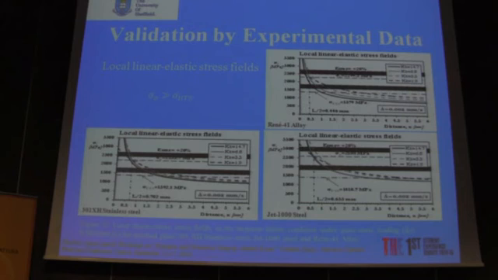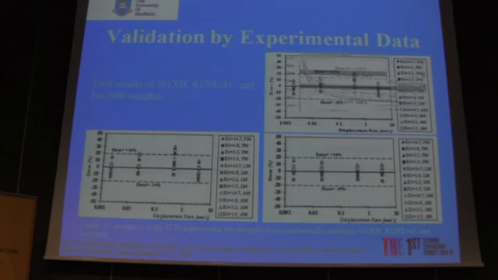Moreover, if we apply the same procedure to other tests from the literature, in this case, from the linear elastic stress field, we can see the sigma node is much higher than sigma UTS. But the result is still accurate. So even when the sigma node is bigger than sigma UTS, the TCD still works.